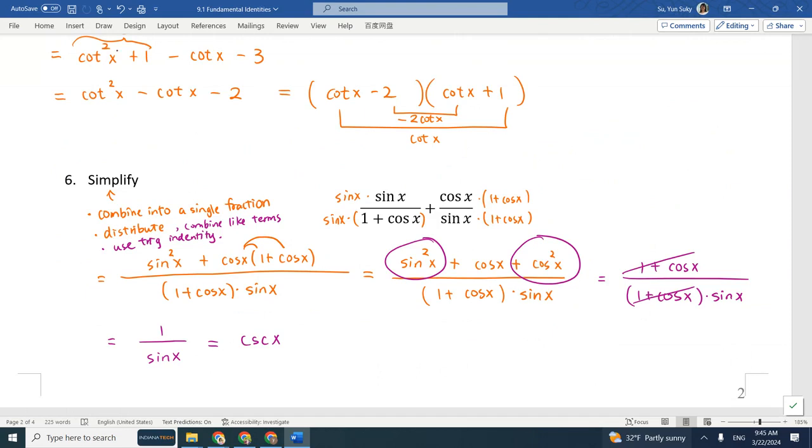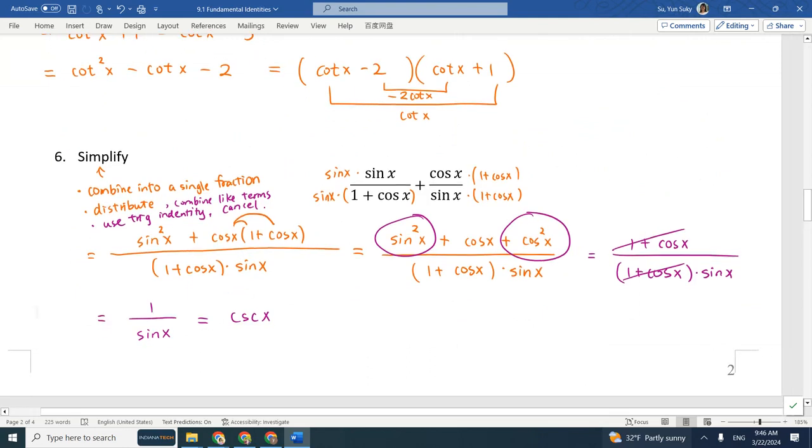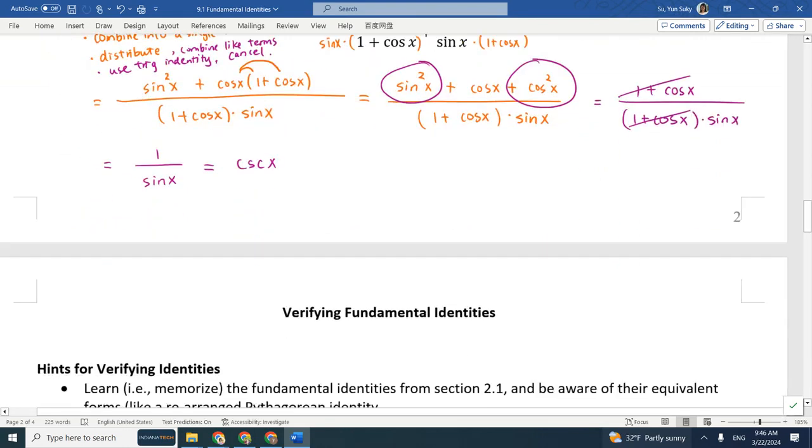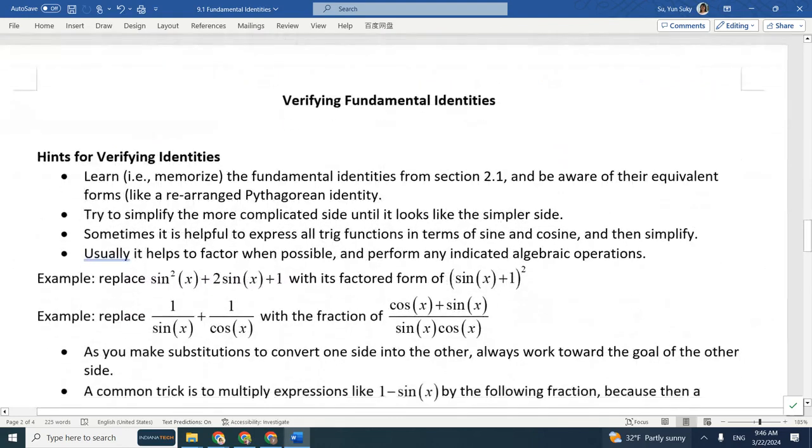And at the end, you see 1 over sine x is cosecant x. So you can express your answer in just a single trig function. Is that okay, everybody? So this is what it means, simplify. It really depends on what the problem looks like. It may be factor, it may be combine them. So do that this session. I hope you can do a lot of examples.